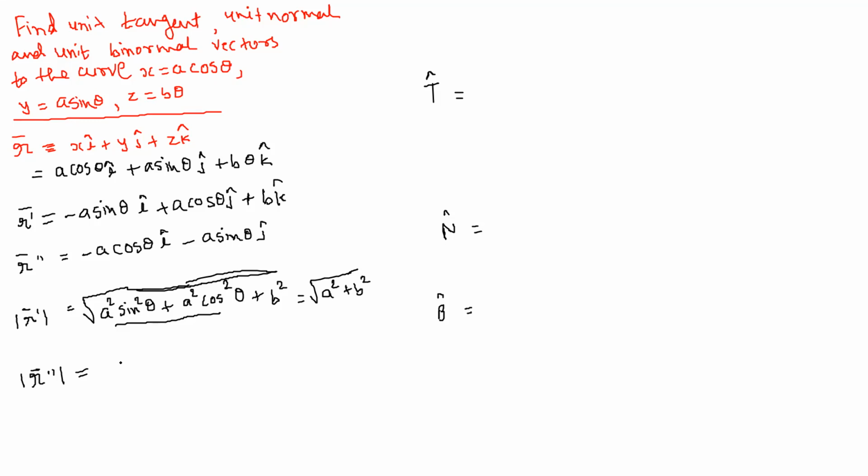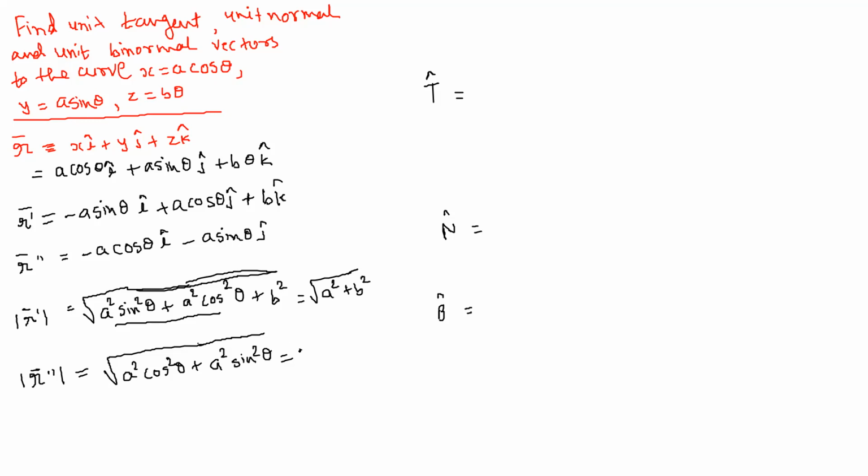Now try for this, Jill. What will be your R double dash? Under root A square cos square theta plus A square sin square theta.